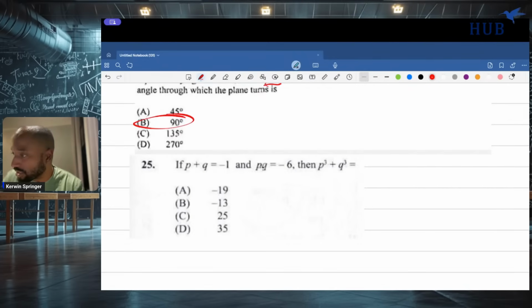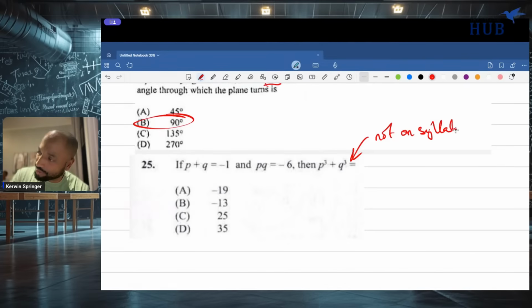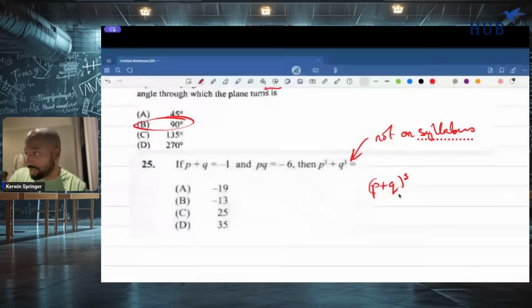P plus Q is what? -1. PQ is equal to -6. PQ plus Q cubed is equal to what? So this could be the expansion of P cubed plus Q cubed, which is not on the syllabus. So if you have P plus Q cubed, let me just show you what happens.